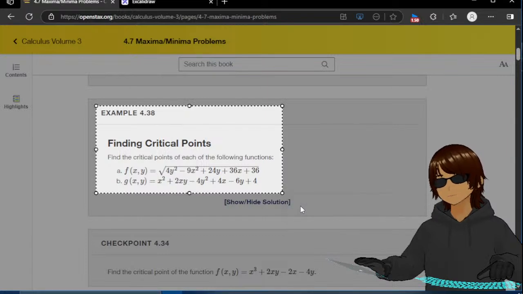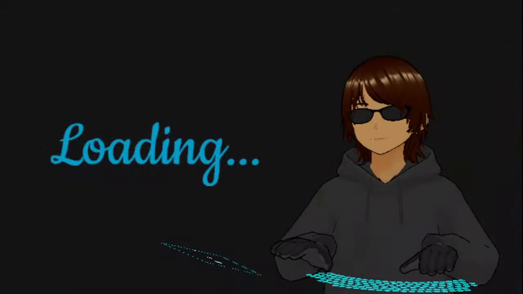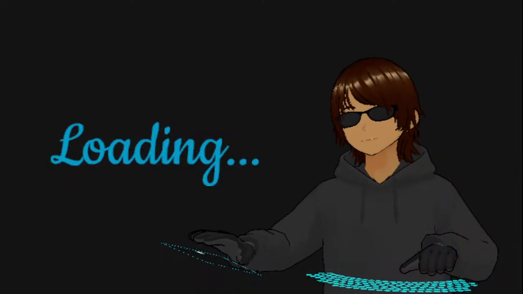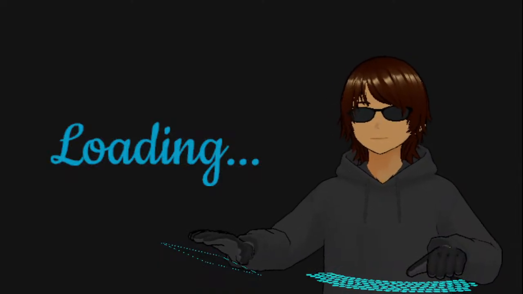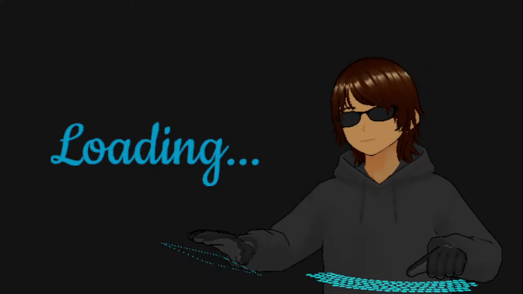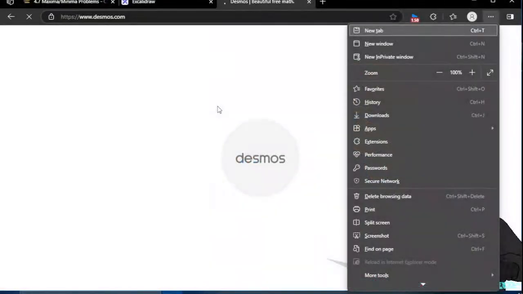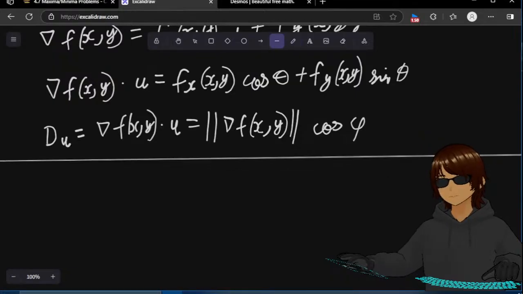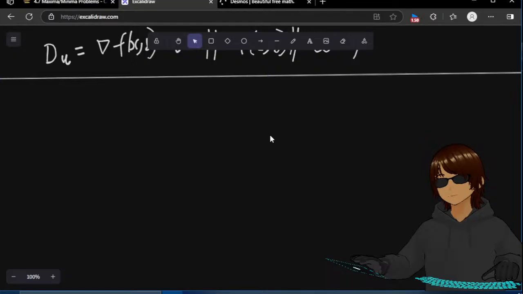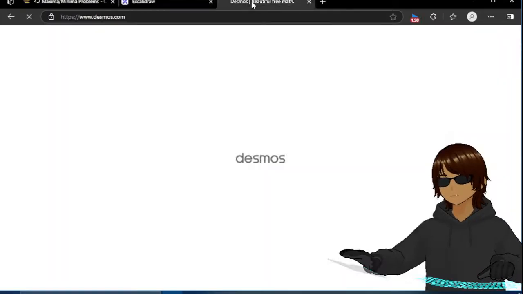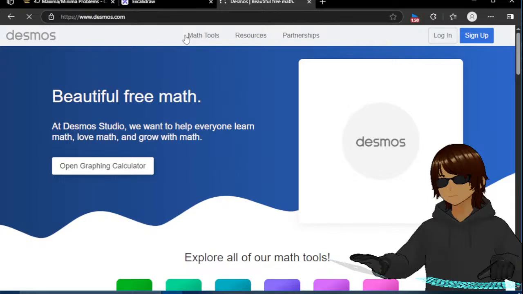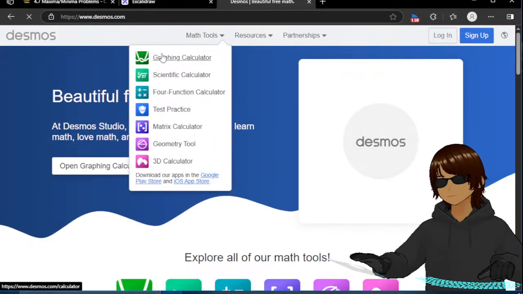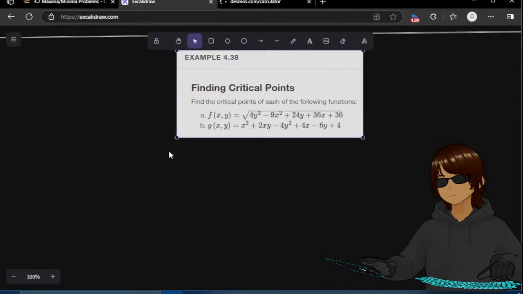Copy. And also let me just open Desmos. Find the critical point.